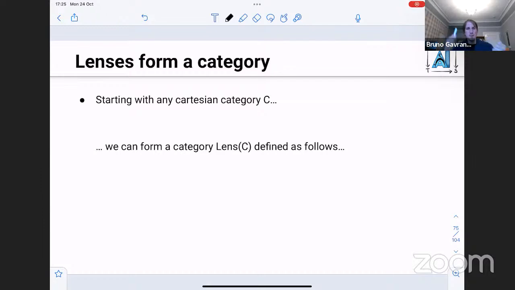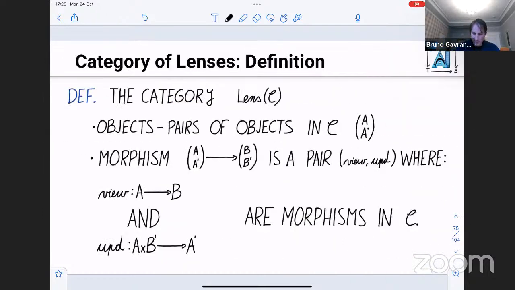Then you might ask me, how do I define this category? It works as follows. We can define a category Lens(C) whose objects, and this is an interesting thing, are pairs of objects in C. So here we have an object A and an object A prime, and these are both objects of C.